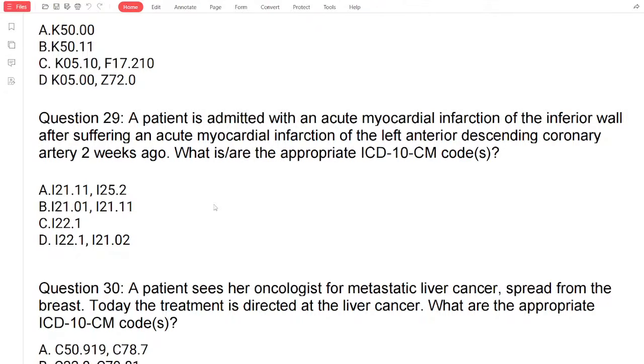What is the answer for 29? Pramod, just check the code. Yeah, Mohini, correct answer. D is the answer. Very good, Mohini.